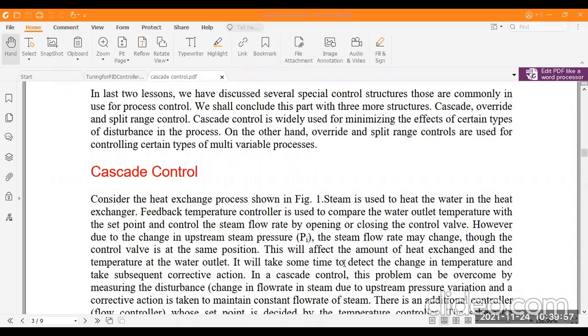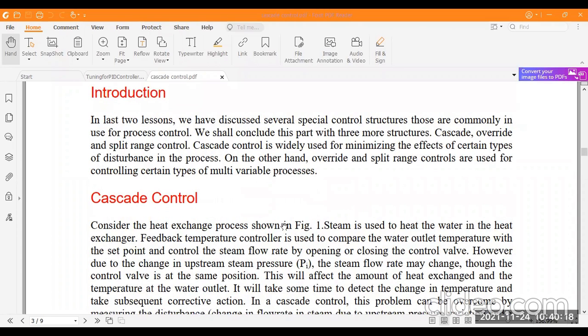Systems with these different classifications depend on the different controller structures. First, cascade control system; another one, feed forward control system; number three, feed forward feedback control system; and another one is the ratio control system.